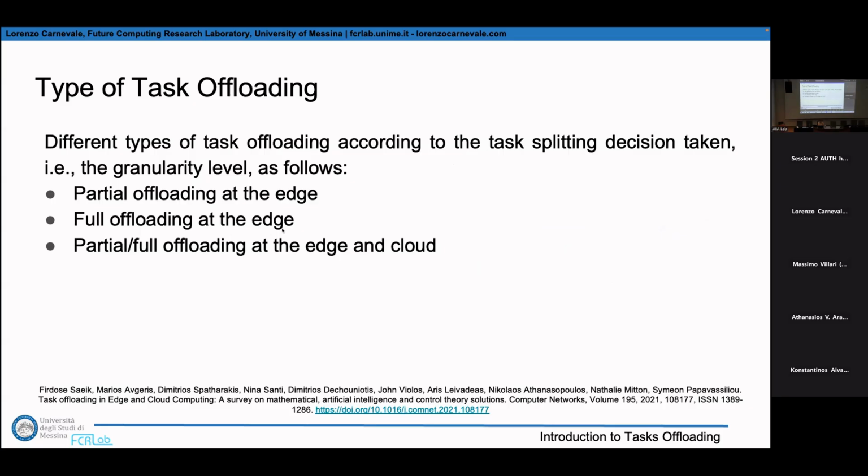We can have different types of task offloading according to the kind of splitting decision that can be taken. And typically we can derive these three different approaches: the partial offloading at the edge, the full offloading at the edge, and the partial and full offloading at the edge and the cloud.